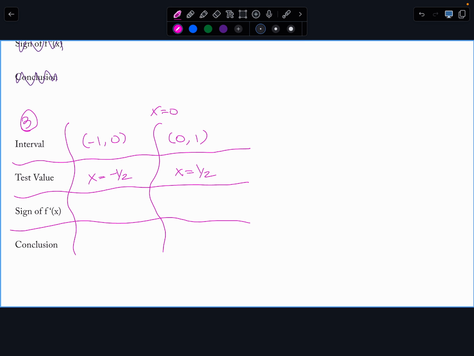And nobody wants to pick fractions. So we only do step 3 when f double prime gave me 0 for some value of x. Okay.